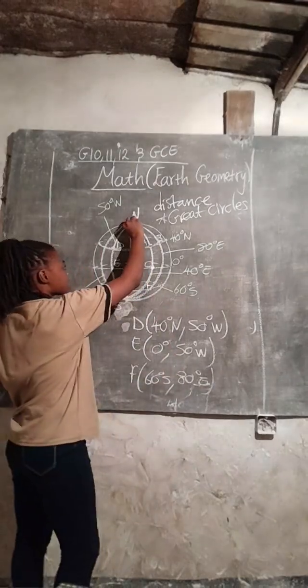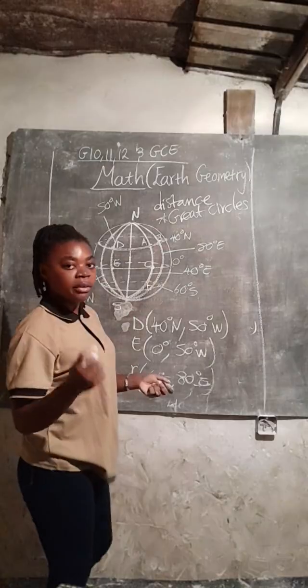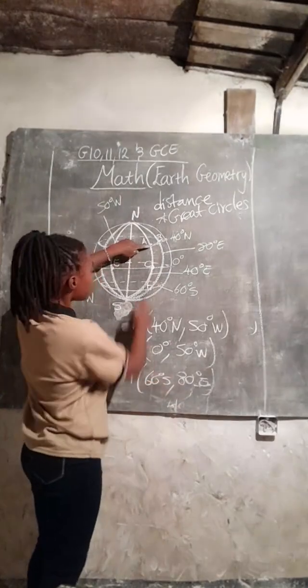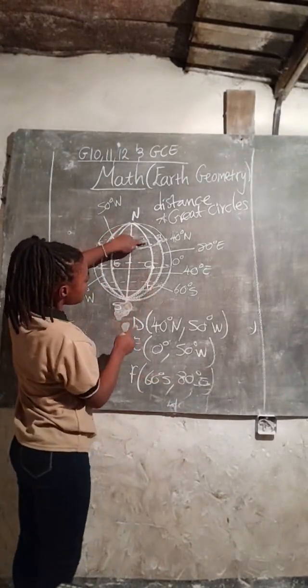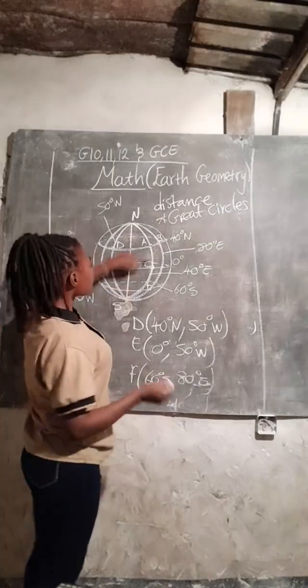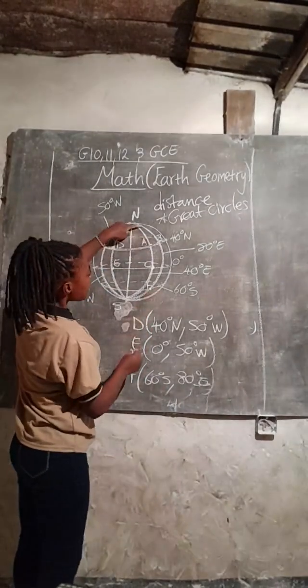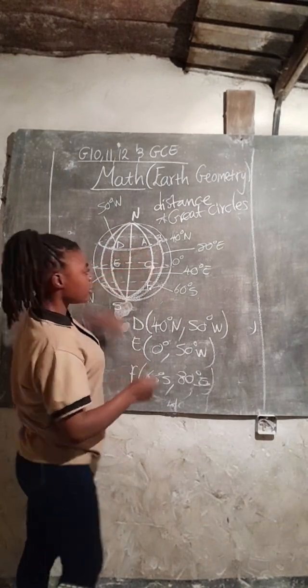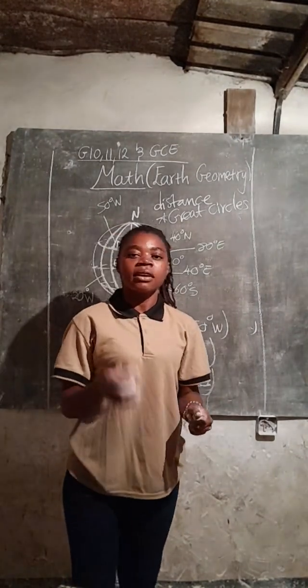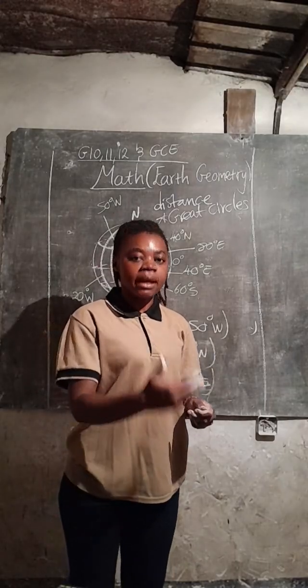But if they're sitting on the same longitude like this, these lines, we say great circles. Example, point A and point C are on the same line of longitude, so they are on the great circle. Point B and point F, this point and this point, are sitting on the same line here, so they are on the great circle. That is what I'm going to explain now.